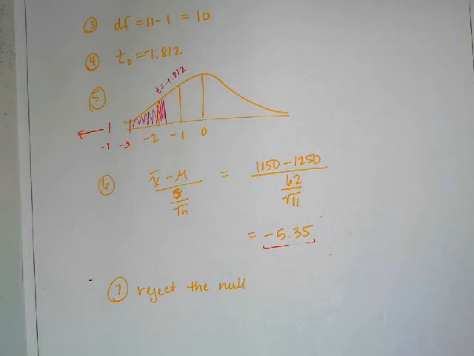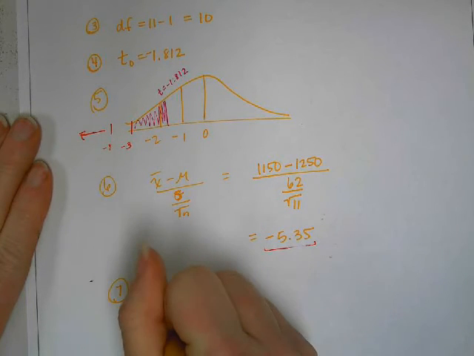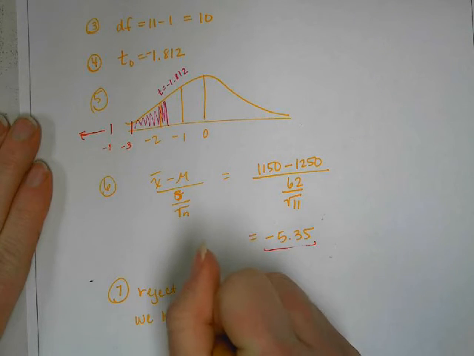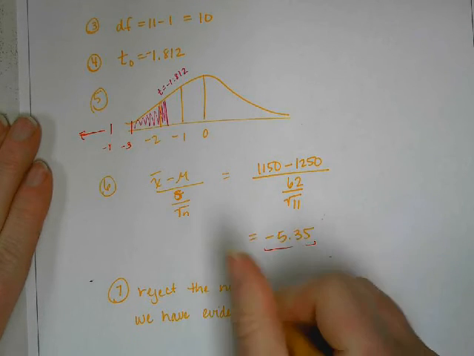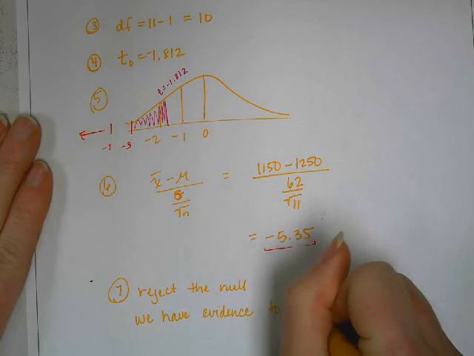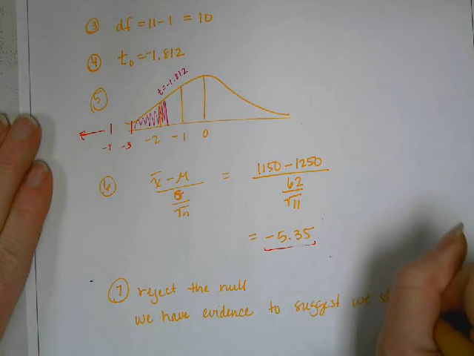So when I go to interpret this in context, I'm going to say we have evidence that we should reject.